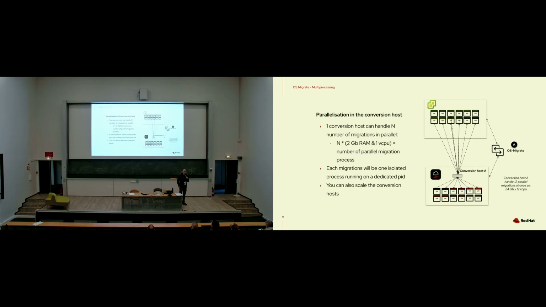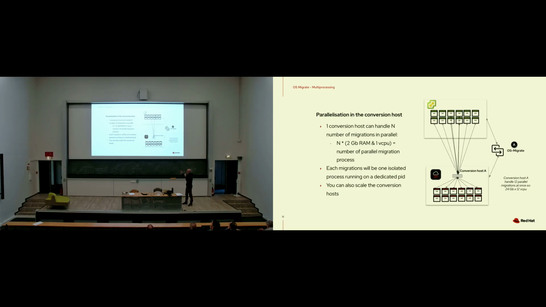So for the parallelization, the conversion host can handle several migrations in parallel. Each process is isolated and running in a specific PID. The only thing you need is to stick to this small formula, which is 2 GB of RAM and 1 vCPU per process, and so per migration. So you have to scale your conversion host like this.